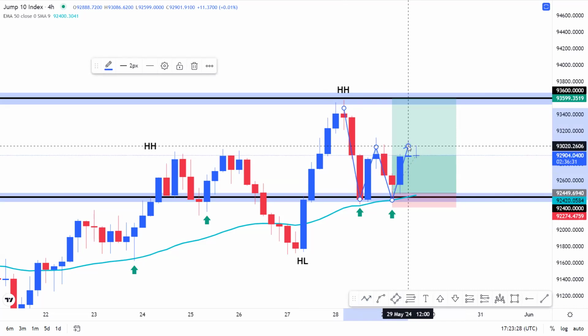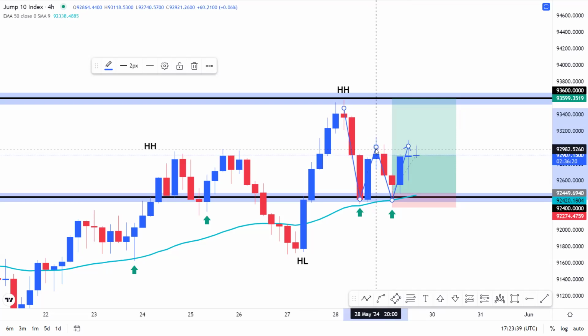Confluence. So we have so many convincing reasons why buying Jump 10 Index from this level was a no-brainer, guys. Stacking up every one of these convincing reasons using the analysis tools confluence present right at the level.